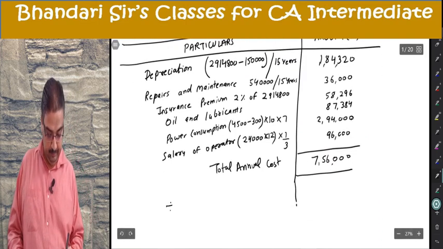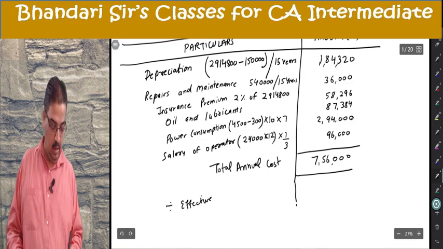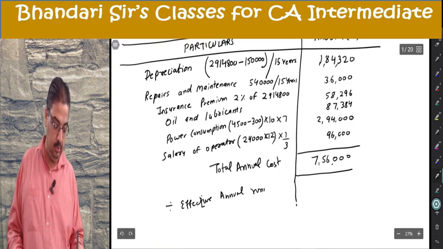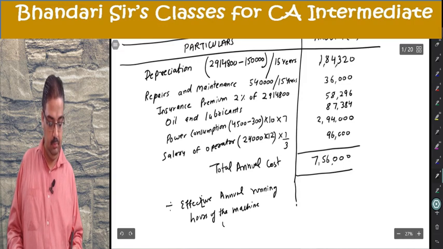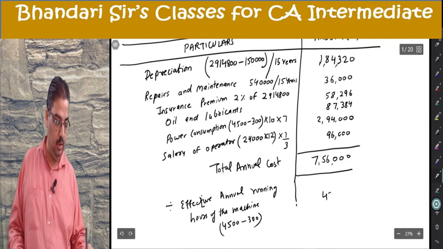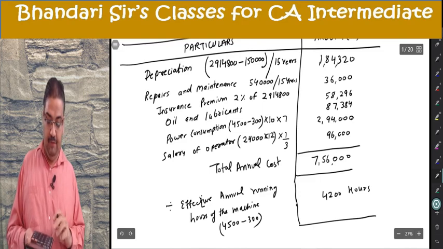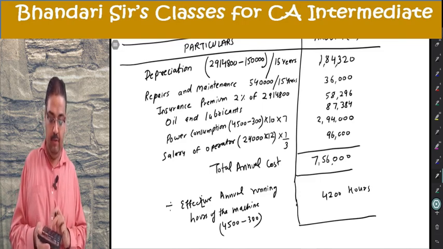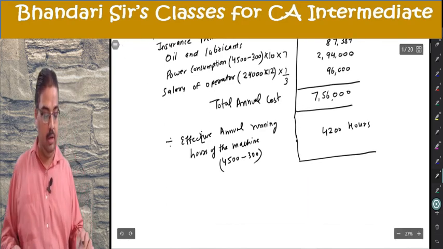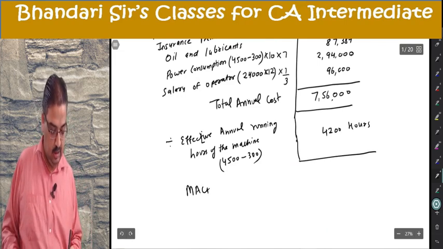Divide by effective annual running hours of the machine. 4,500 minus 300, that is 4,200 hours. If I divide 7,56,000 by 4,200 hours, I am getting 180. This is the answer.